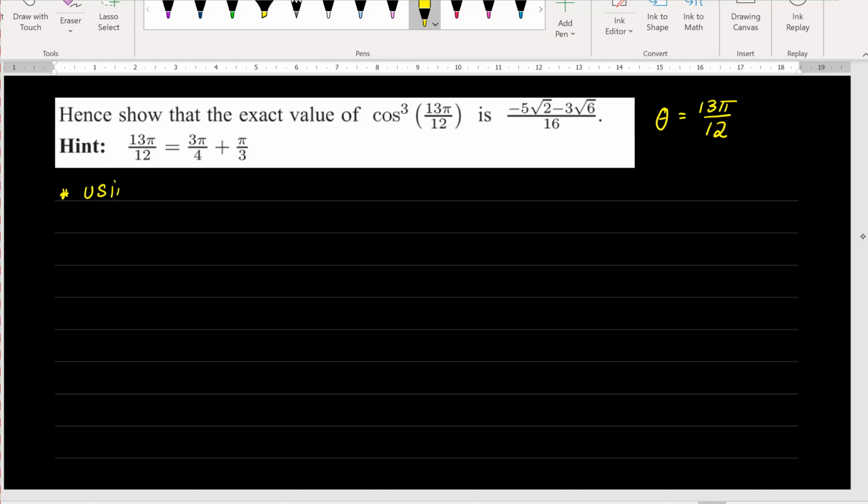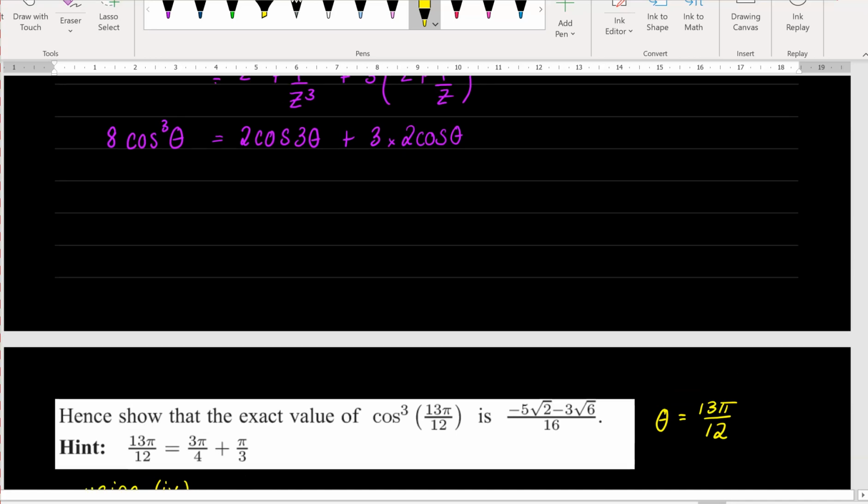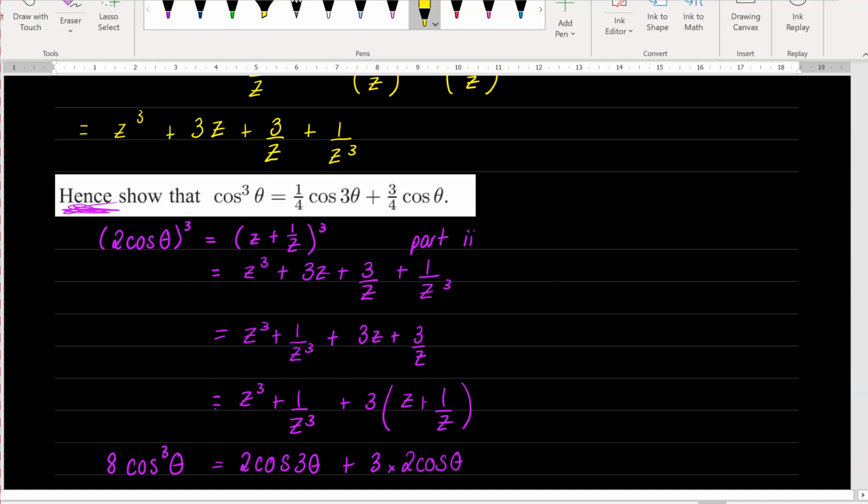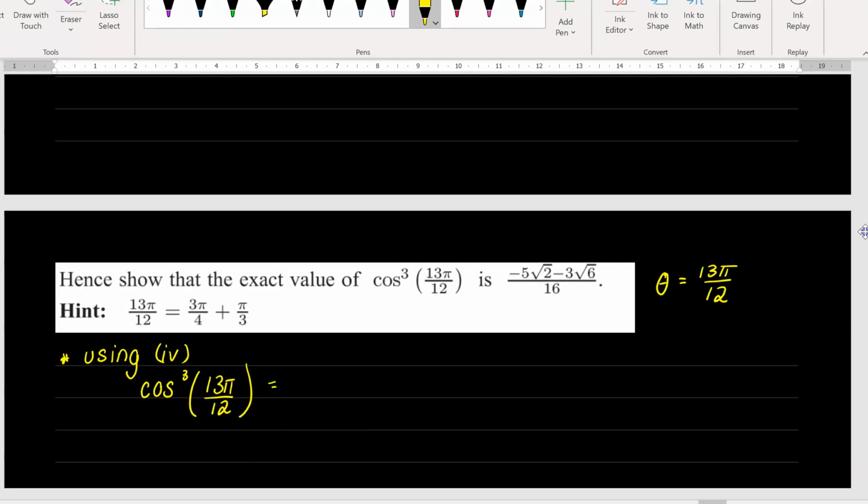Using the previous question, which I believe was part 4, we can say that cos cubed of 13 pi on 12, we're going to sub that into, so it was 1/4 cos 3 theta plus 3/4 cos theta. So we're just going to sub that straight in.